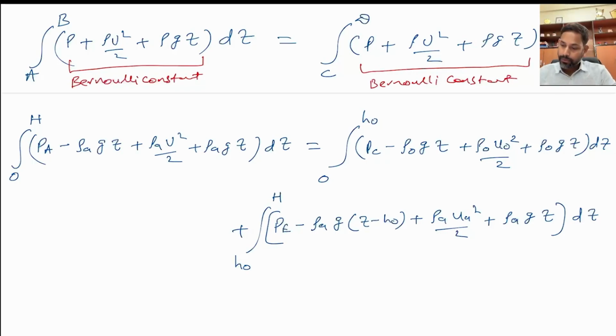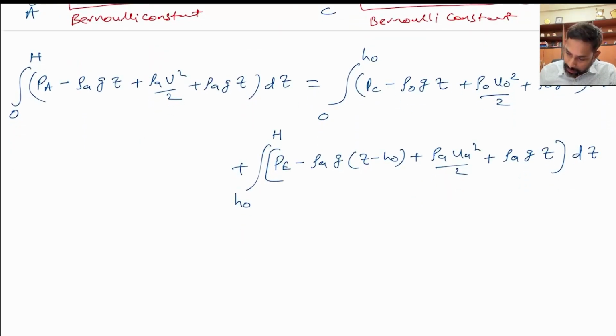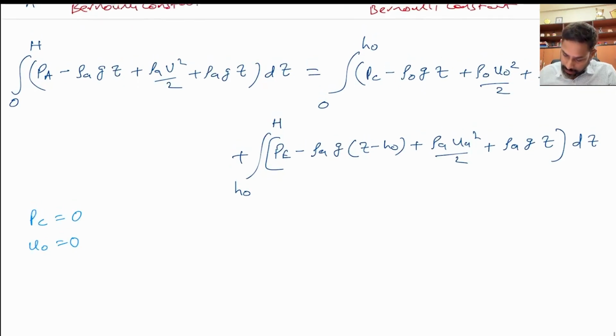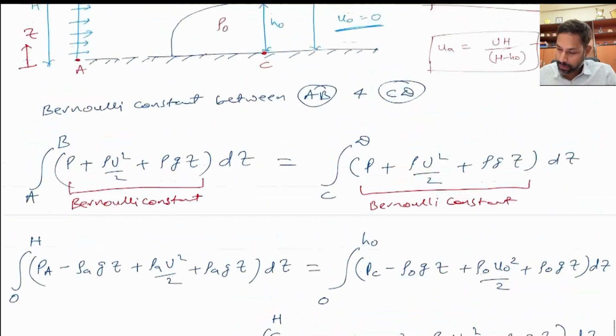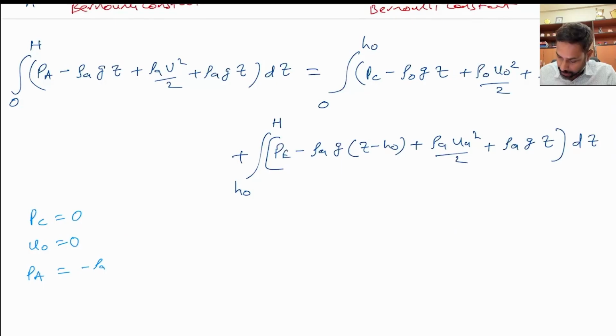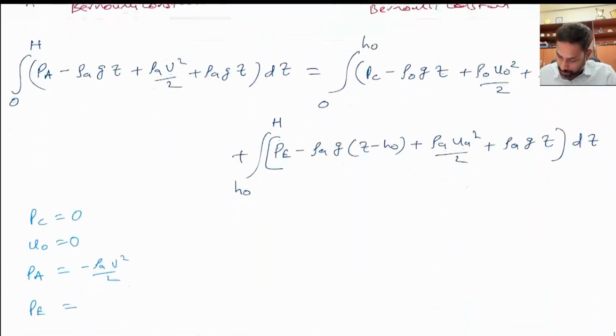All right, so in this equation, once again, if you recall, PC is 0, that is the reference pressure we are considering, and also u naught is equal to 0, right, and PA is known, that is equal to minus rho a u square by 2, and also PE is known, that is equal to minus rho naught g h naught.